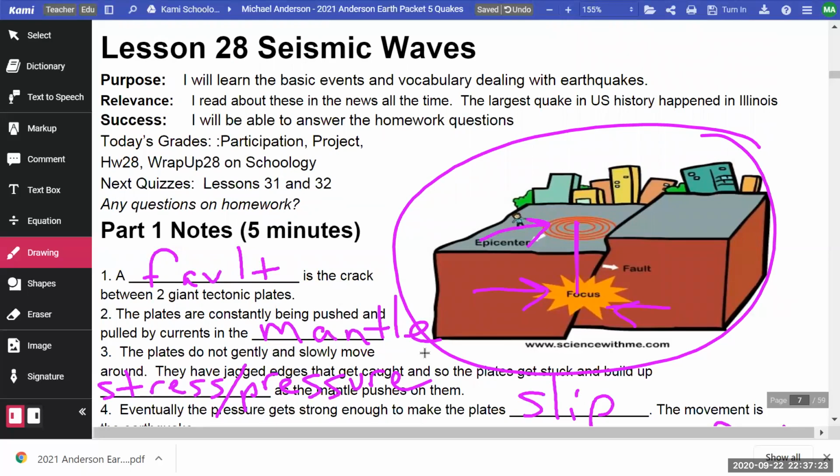Now, one thing I do want to note here is that earthquakes are relatively local movements. It is not the entire tectonic plate that is shifting. It's just one little section of it. You can think of it like a rubber mat, something that might be on the shower floor, or in a kitchen, where you have rubber mats to prevent slipping.